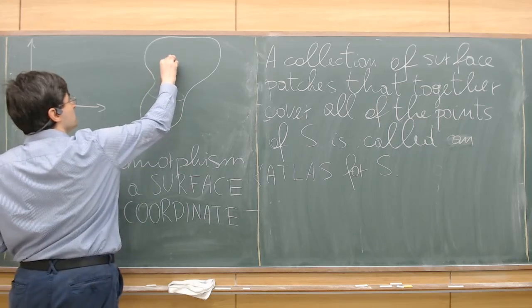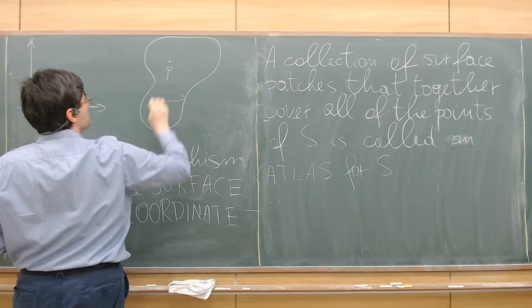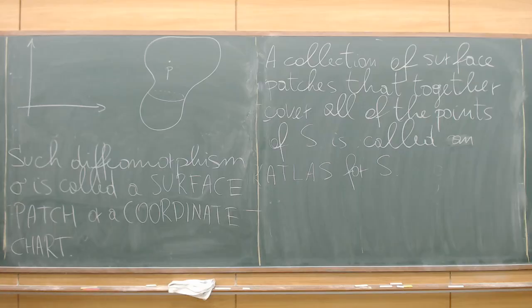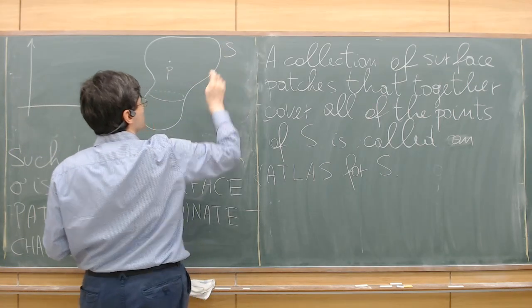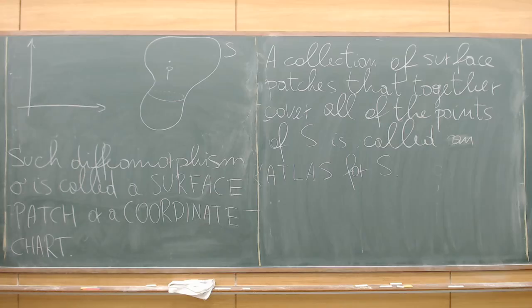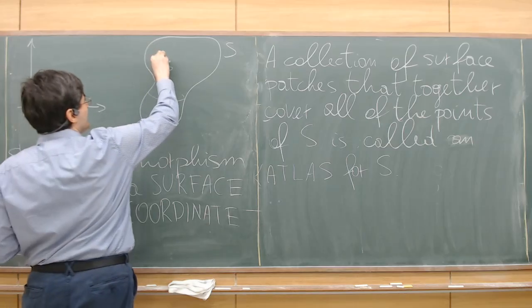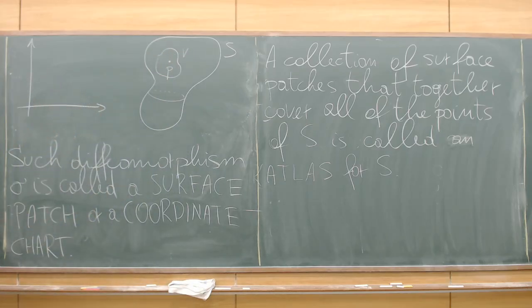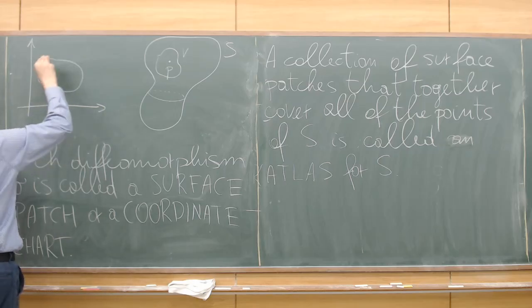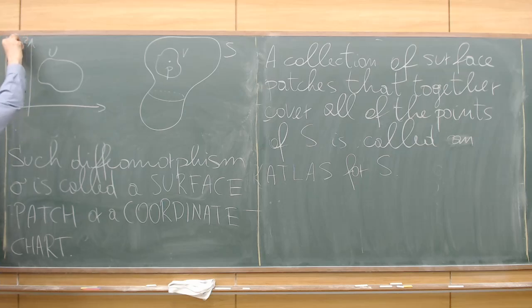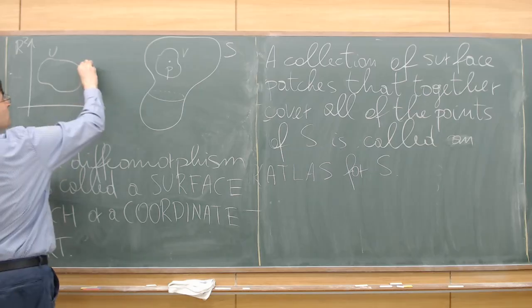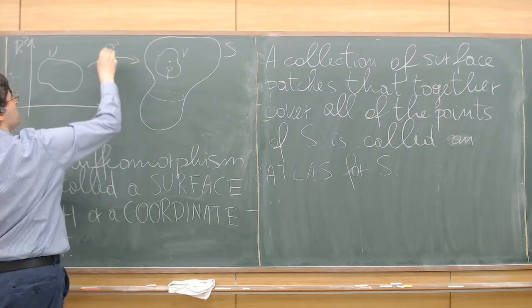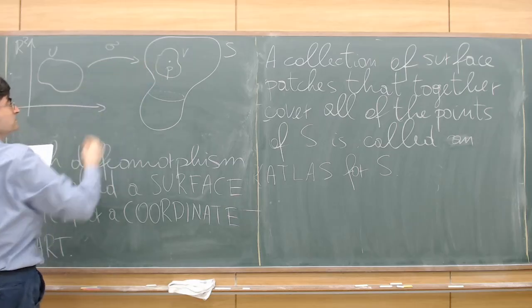Then for each point P in the subset S of R3, there exists a neighborhood V, an open set U in R2, and a map sigma, which is a diffeomorphism which sends U onto V.